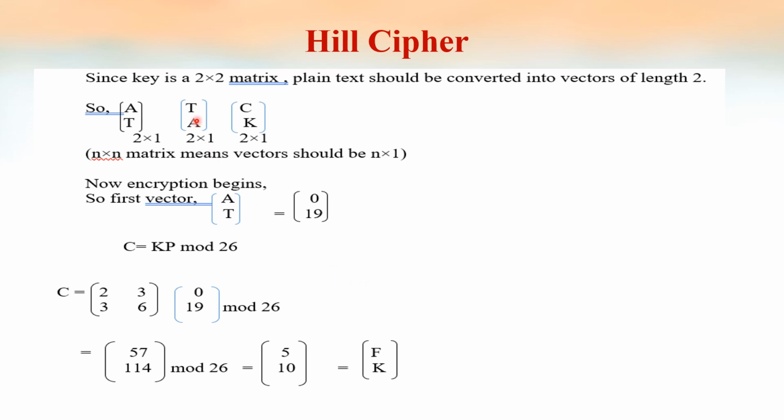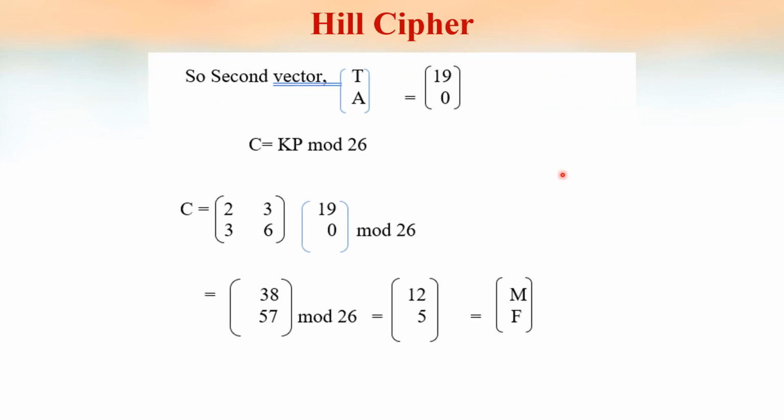Similarly, we repeat for the other two vectors, TA and CK. The second vector is TA. T is 19, and A is the number 0. Again, use the formula C equal to KP mod 26, where the key is 2336 and the plain text is 19 0.